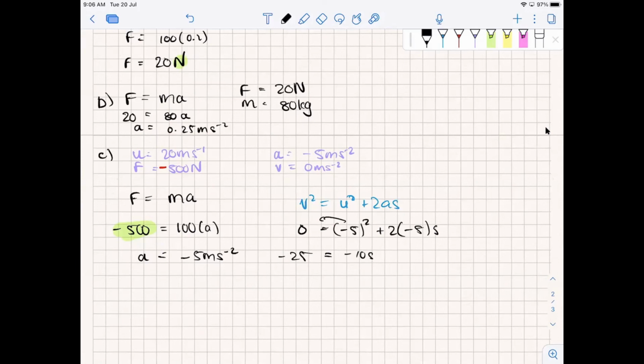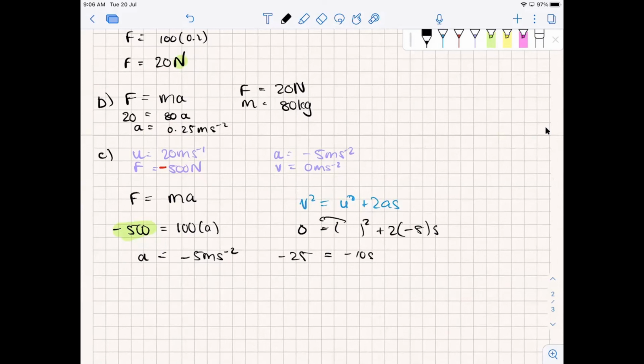What have I done wrong? I'm being a very big dum-dum. My initial velocity was not minus 5. That was the acceleration, right?